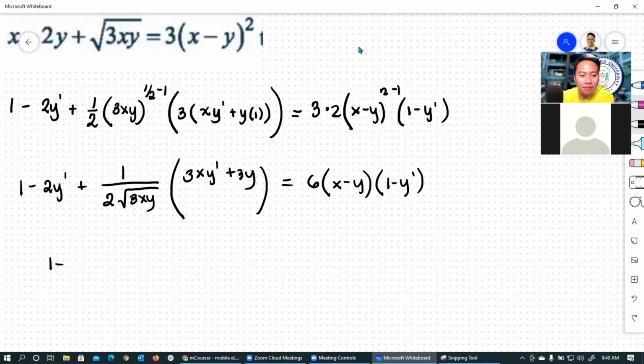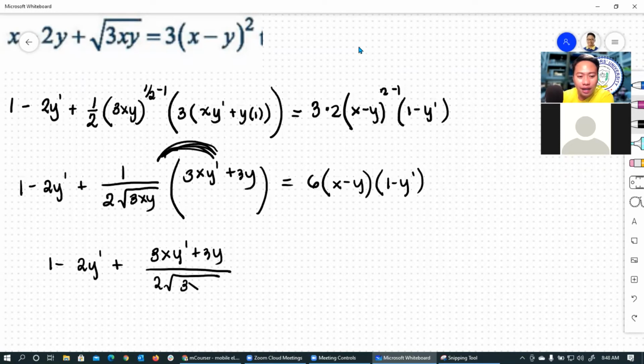So 1 minus 2y prime plus, multiply these two things here, 3xy prime plus 3y over 2 square root of 3xy equals 6. I'm going to distribute this term here. X minus xy prime minus y plus y prime.